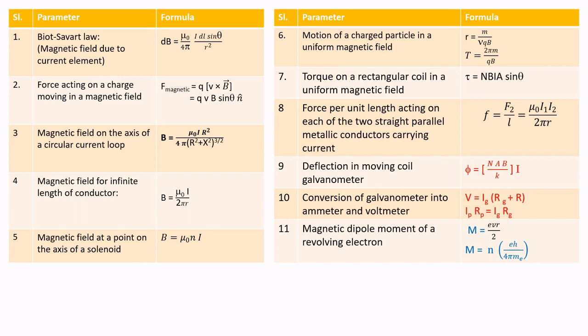It can be represented as M is equal to n into e h divided by 4 pi into m e. Here n is the shell number in which the electron revolves. n is equal to 1 for Bohr magneton. e is the charge of an electron, h is Planck's constant, and m e is the mass of an electron.